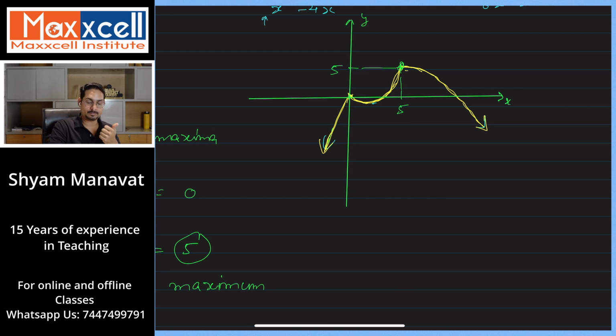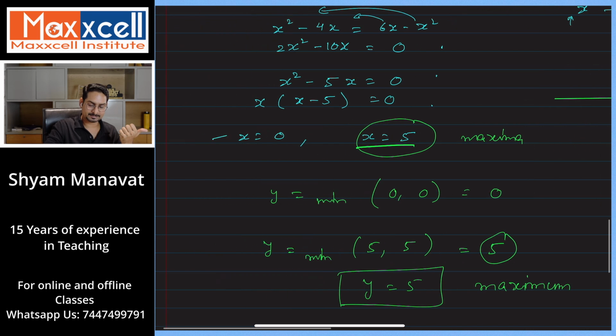Graph cannot have a value for y coordinate more than 5, and the y coordinate is maximum. तो y coordinate पे अगर ध्यान दें, y coordinate 5 से ज़्यादा नहीं होगा. The maximum value of y is called maximum in this context, right?